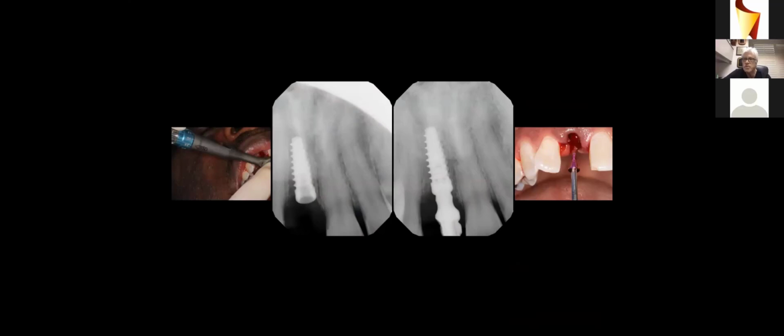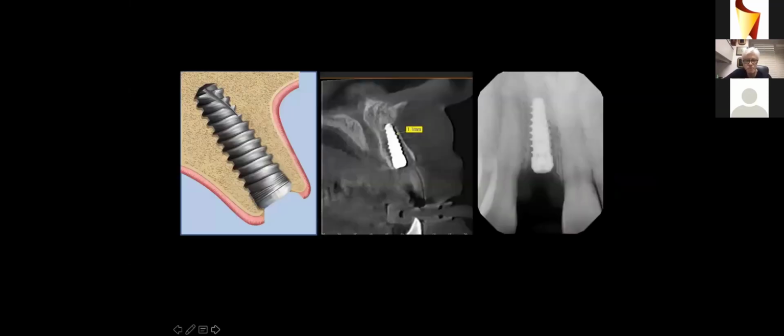What we're trying to do is trick the body physiologically to prevent bone loss on the outside of the implant by having all our components inside of it. It's called platform switching.